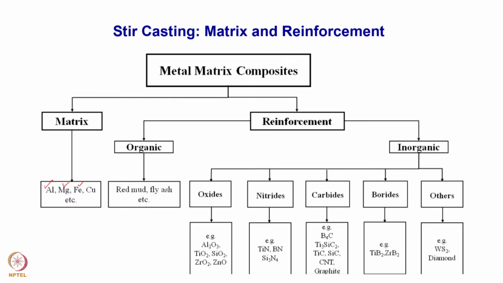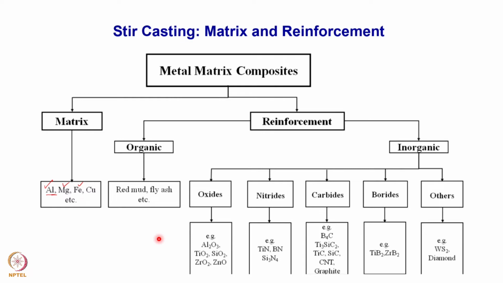So our concern here is the aluminium, okay. And with regard to the reinforcement, you can see a variety of materials, primarily ceramics, are used for making the composites with the help of this stir casting method.